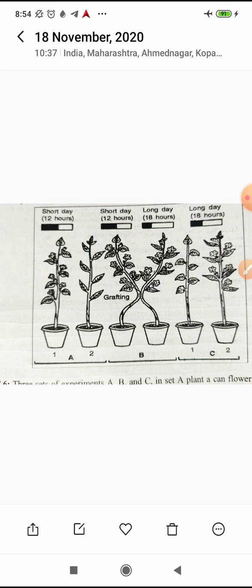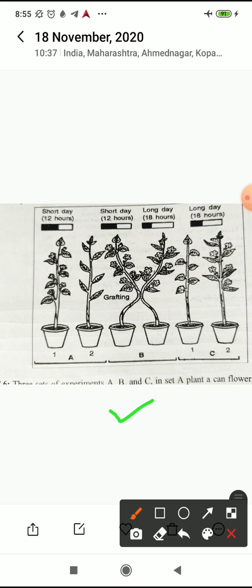Scientist Chailakhyan named this flower inducing chemical florigen. This was confirmed while doing a grafting experiment on the Maryland Mammoth variety of tobacco, in which a branch or leaf of a plant which has received proper photoperiodic induction could induce flowering, on grafting, in a plant exposed to unfavorable photoperiods. So this is shown here in this figure.